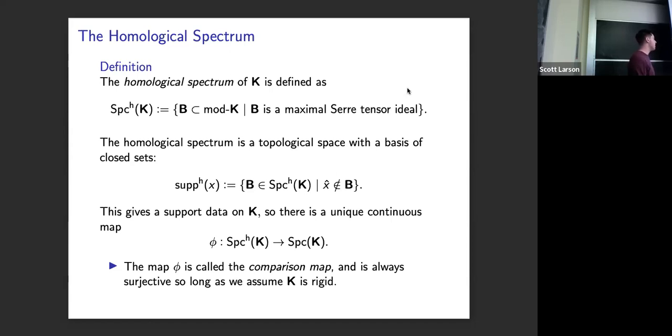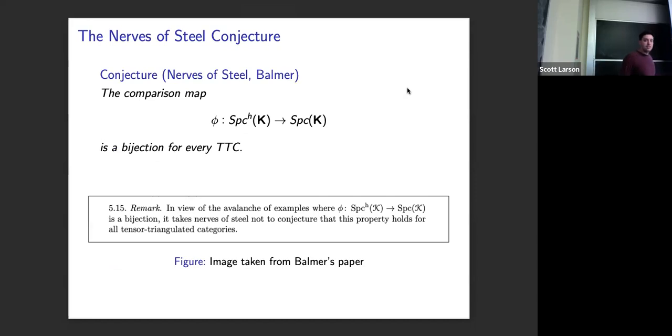One thing that's known about it is it's always surjective as long as K is rigid, which means that it admits duals. But there are many examples where this map is actually a bijection. And that led to this conjecture called the nerves of steel conjecture, which is kind of exactly what I just said. So the conjecture is that this comparison map is a bijection for every tensor triangulated category.